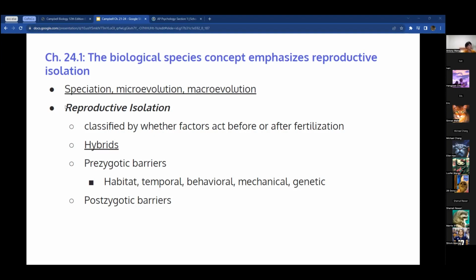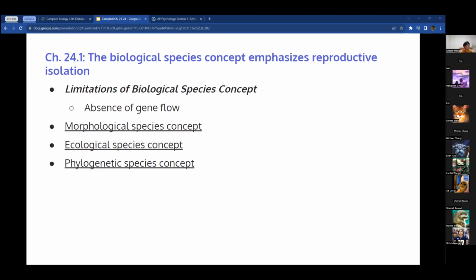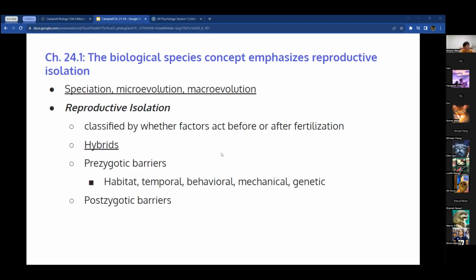A lot of the reasons you might think are common sense, but it's actually quite generalizable. I think we might have one later, but for reproductive isolation, there are many factors that prevent reproduction between two species.